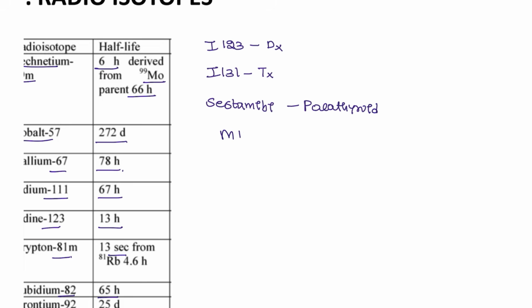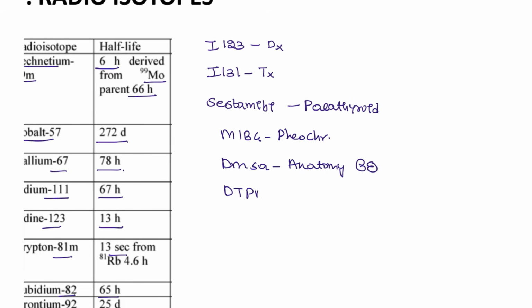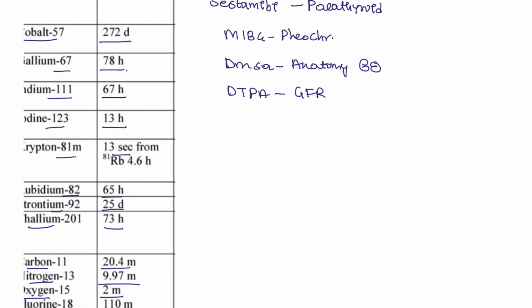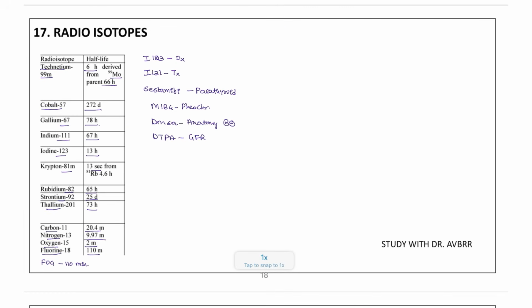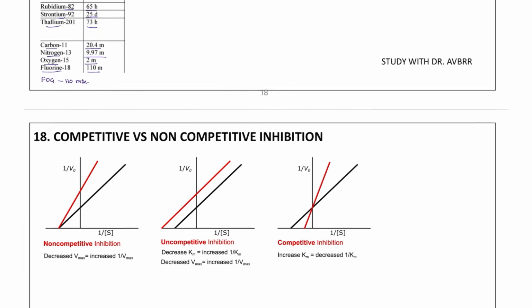And MIBG is used for the pheochromocytoma. DMSA is used for the anatomy of the kidney, so scars or anything you can visualize here. Whereas DTPA, again about the kidney, is for the GFR, glomerular filtration rate, that we can see from here. Okay, these are the important things that can be asked in the examination, you have to remember.